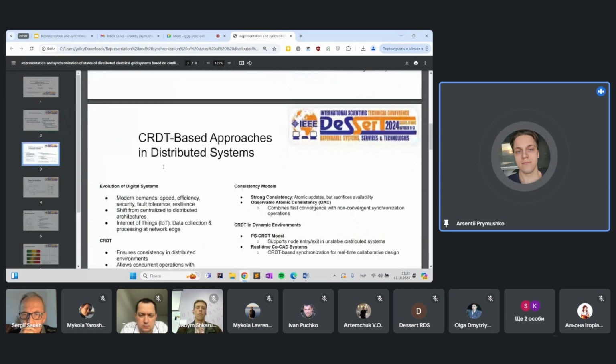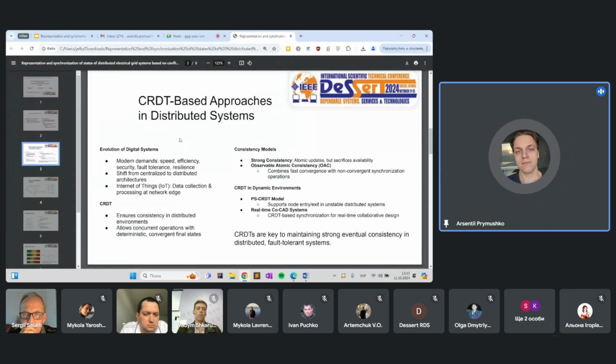So we have several CRDT-based approaches in distributed systems in general. There are several consistency models. We have strong consistency and eventual consistency.